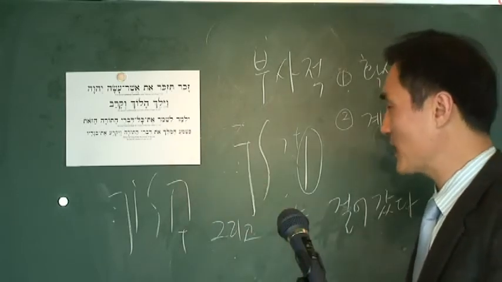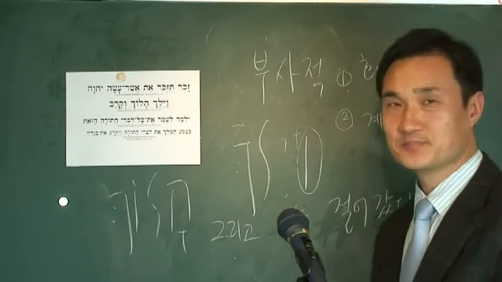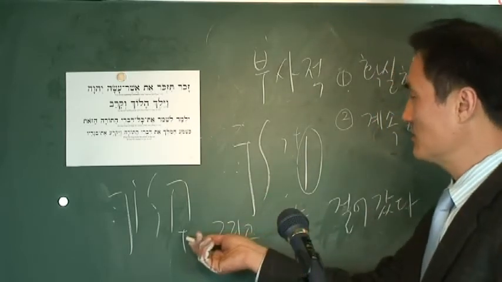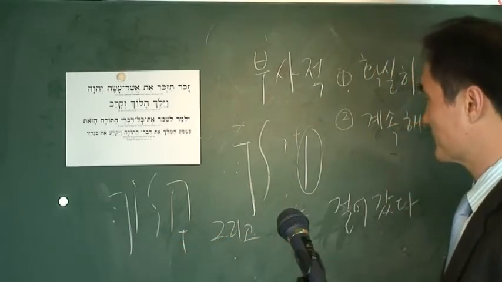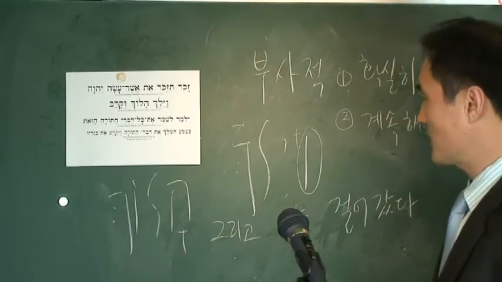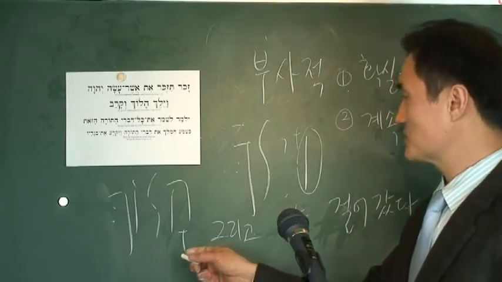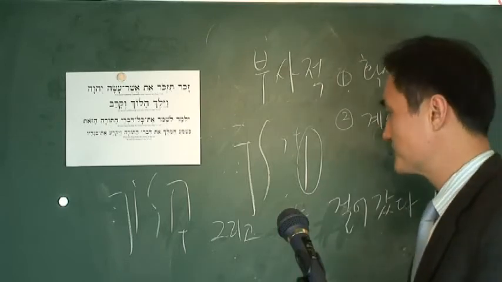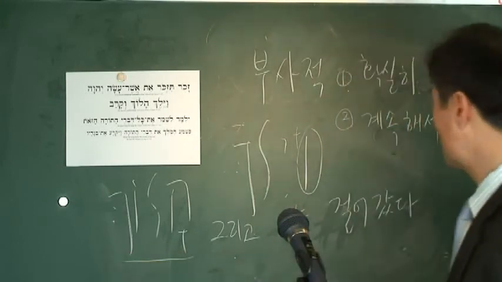This verb is an infinitive that came from the same root as the preceding phrase. The verb halak was used, and it is the same kal infinitive absolute form of the verb halak.